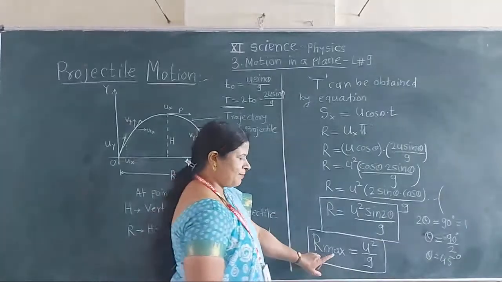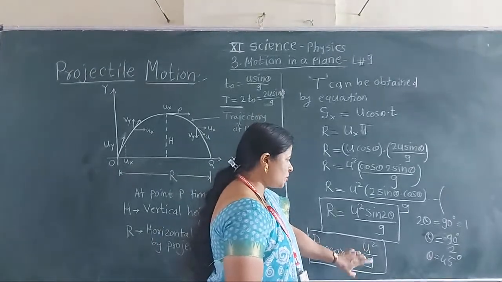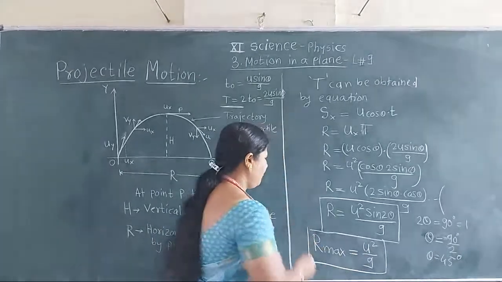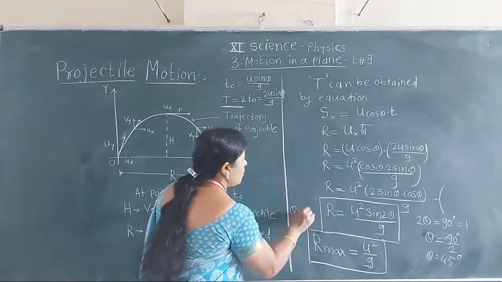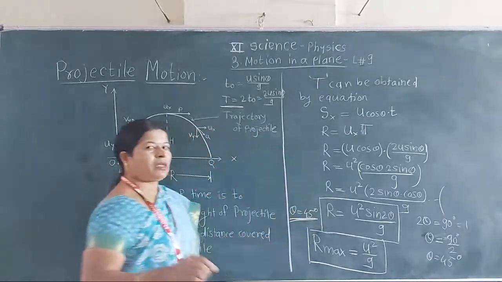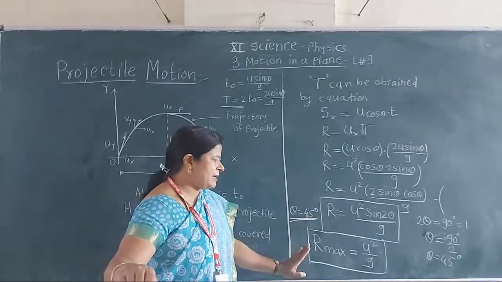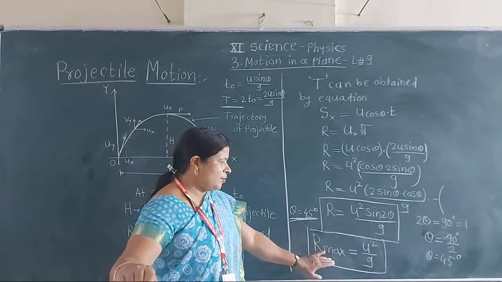R max, the maximum range of a projectile, is equal to u square divided by g when theta is equal to 45 degrees. In that case, we get the maximum range of that projectile.